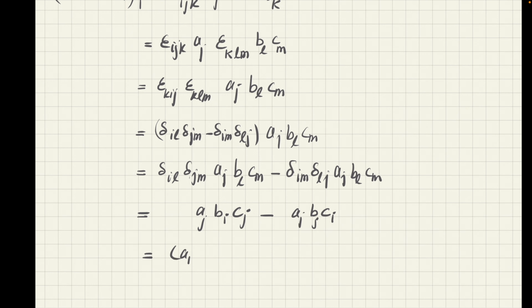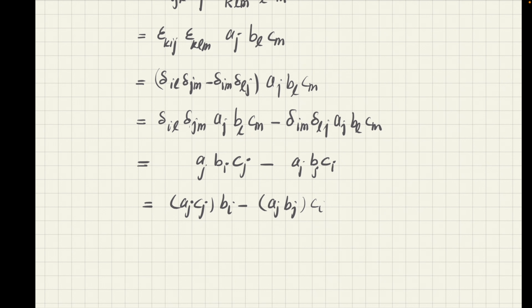I can write Aj, Cj, Bi minus Aj, Bj, Ci. Then Aj, Cj is nothing except the dot product of A and C multiplied by Bi, and then Aj, Bj is the dot product of A and B multiplied by Ci.